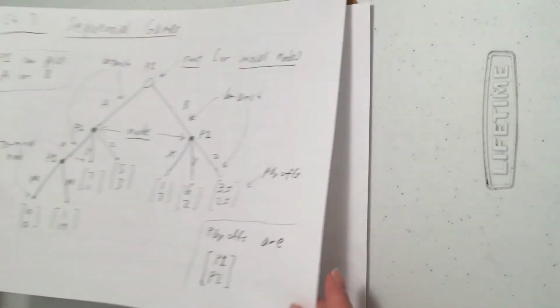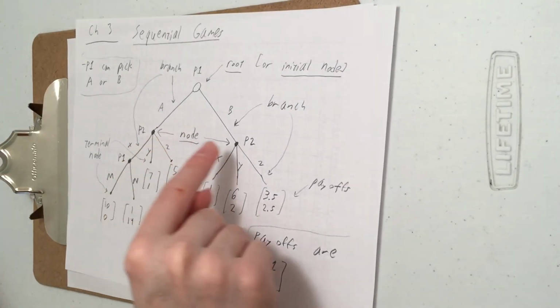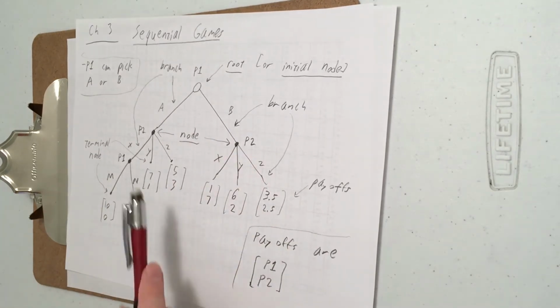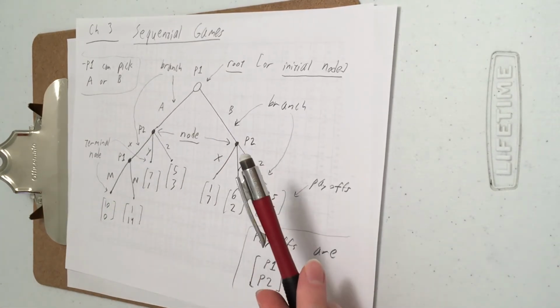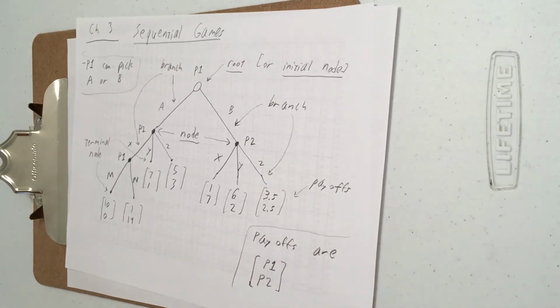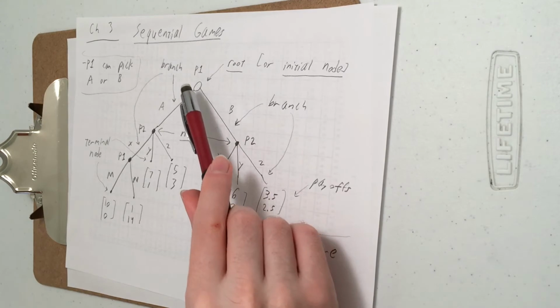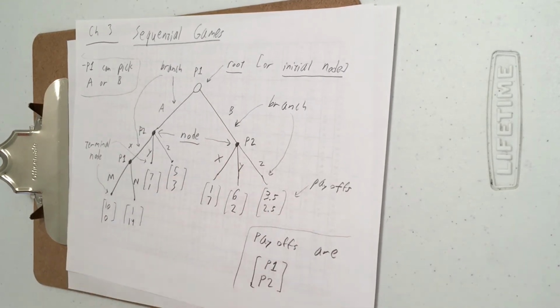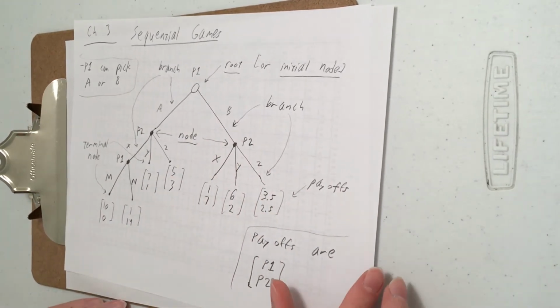So player 2 has 2 nodes here. You say what I'm going to do if I'm at this node, and also what I'll do at that node. Similarly, player 1 also has 2 nodes. Players say what they'll do if they're here, and also what they'll do if they are there.